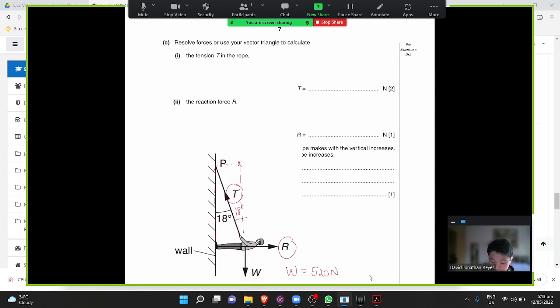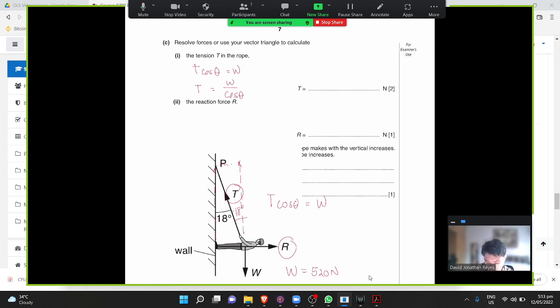Is it correct to say that technically this is cosine, T cosine theta equals the weight? And the answer is yes. So T cosine theta equals weight. We're trying to look for just the T, so T equals W over cosine theta.